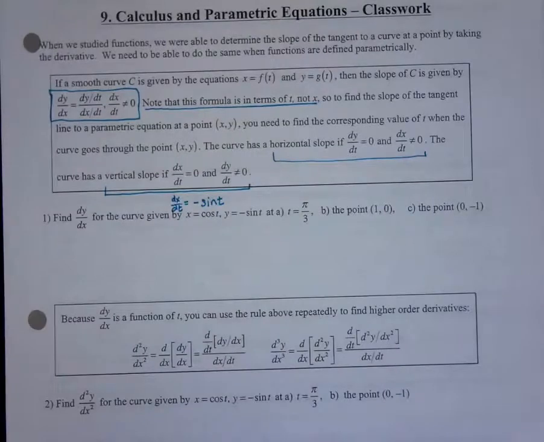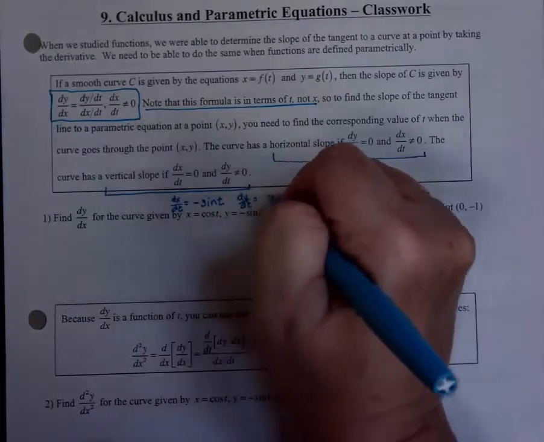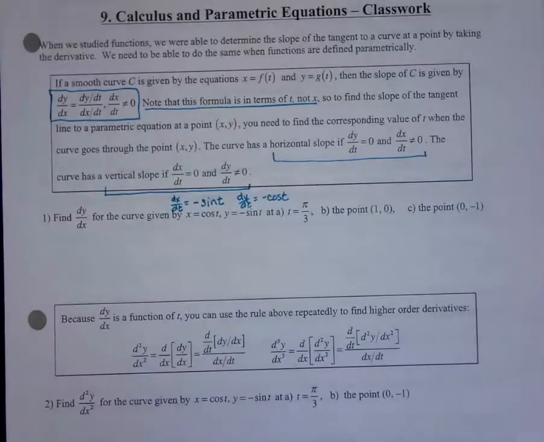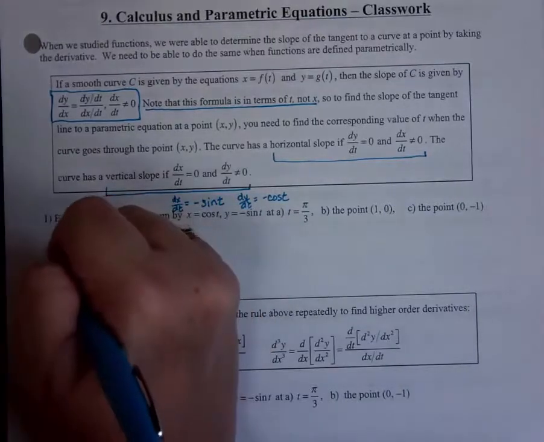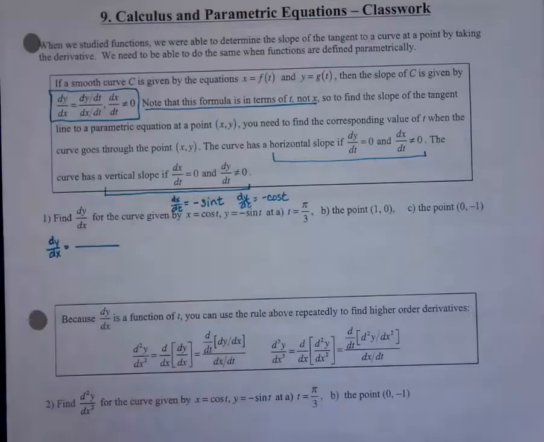And what is the derivative of the y equation? Negative cosine of t. Okay, so now we're ready to go. So first you take the derivative of each one individually, then we come out to the side and we write that dy/dx is equal to the y prime over the x prime. That's why it's dy over dx.